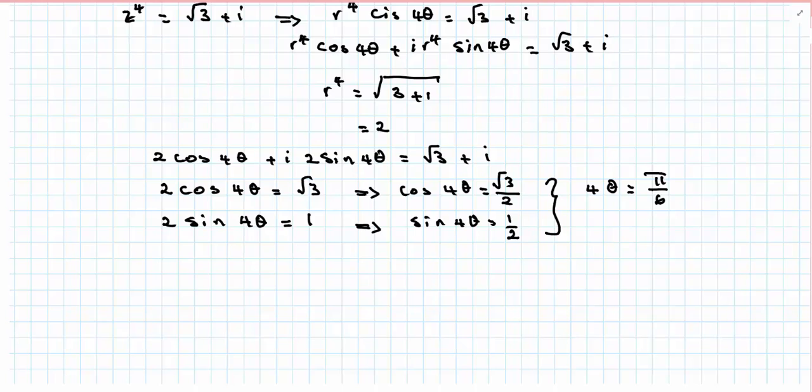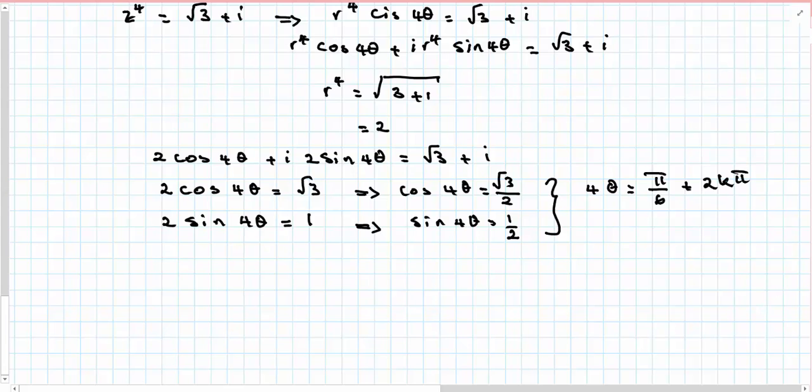Again, we have two ways of looking at this. We can start by adding 2k pi, then dividing both sides by 4, and adding and subtracting lots of 2k pi on 4s until we get our 4 solutions. Or we can look at this as dividing the Argand diagram into 4 sections.